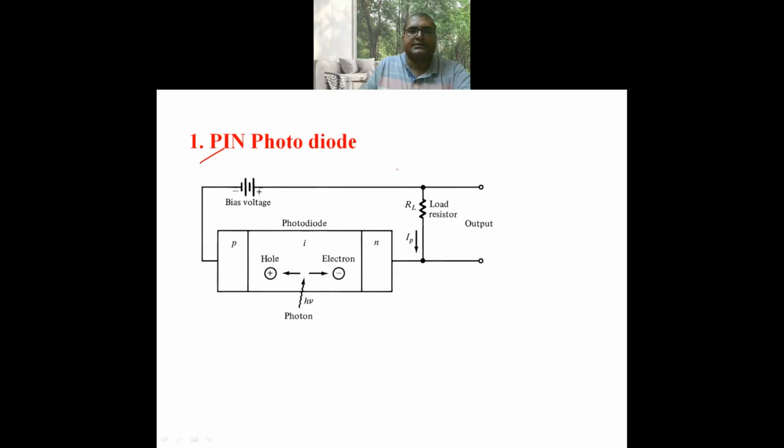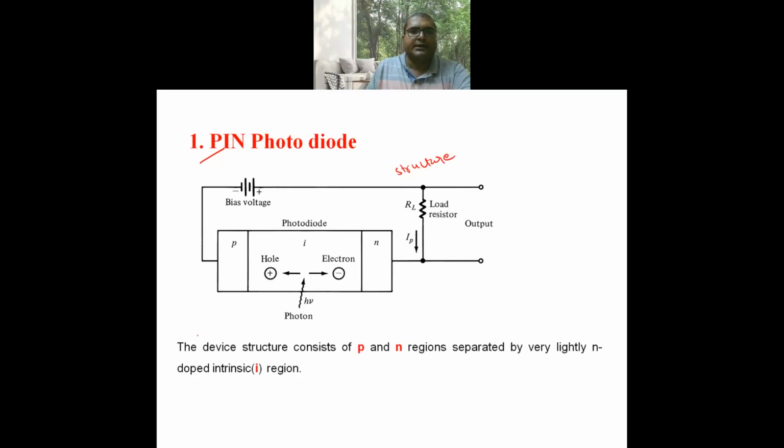This is the structure of the PIN photodiode. The device structure consists of P and N regions separated by a lightly doped intrinsic region.